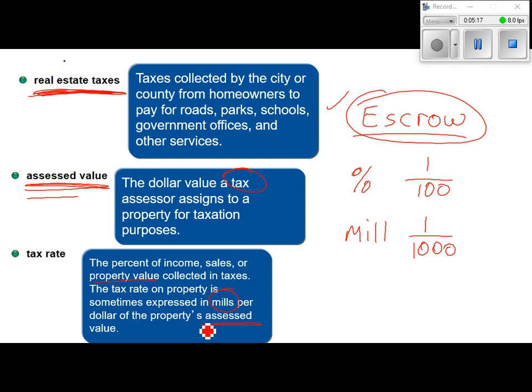But so you have your assessed value, the value that they put on your property. So they might say that your property's worth $150,000 with the house, barn, whatever else you have on it. And then from that, they'll get the tax rate that you're going to pay.